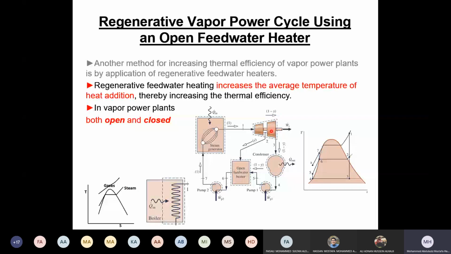So 1 minus y will continue into the condenser, get pumped to the feed water heater, then mix again with y, and then come in as 1 to the steam generator. Okay. Let me go back to this here again and say that this is extracted. I use the word here that the turbine is bleeding.